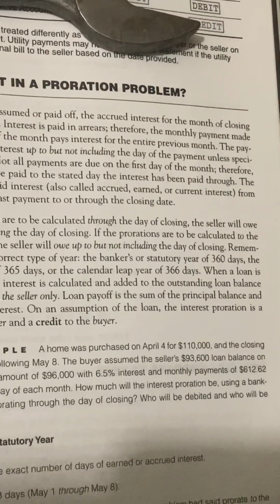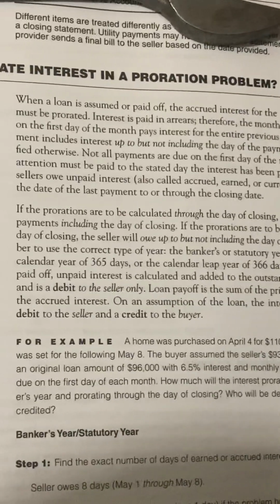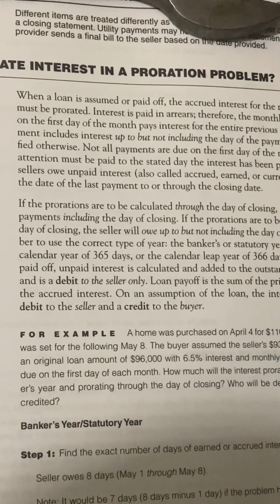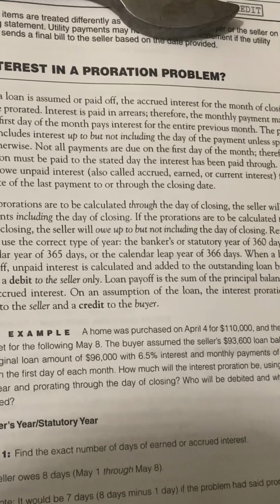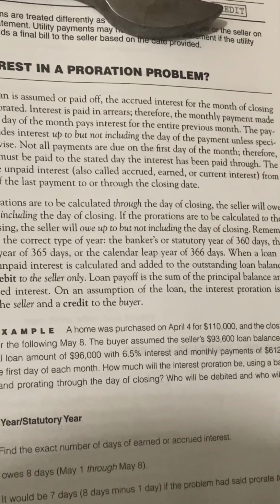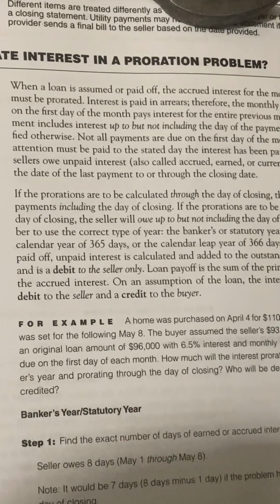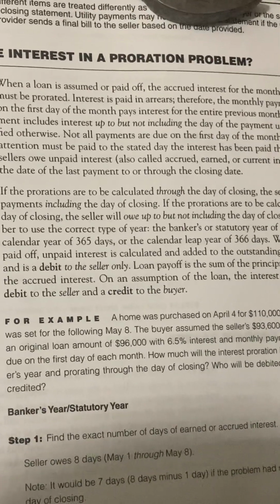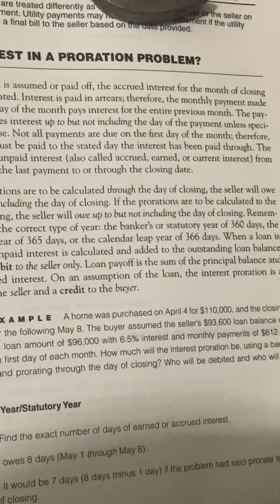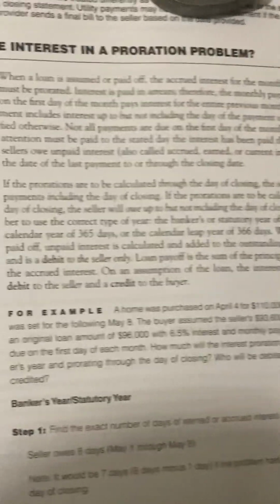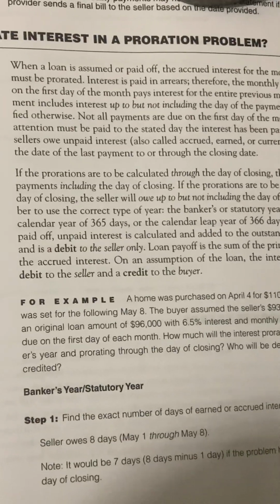Therefore, the monthly payment made on the first day of the month pays interest for the entire previous month. The payment includes interest up to, but not including, the day of the payment unless specified otherwise.